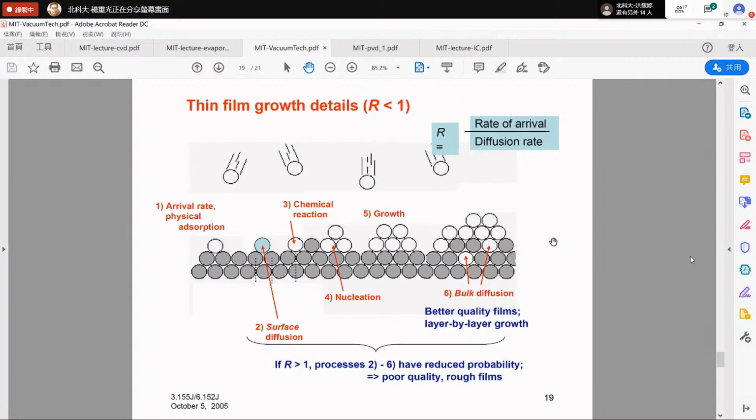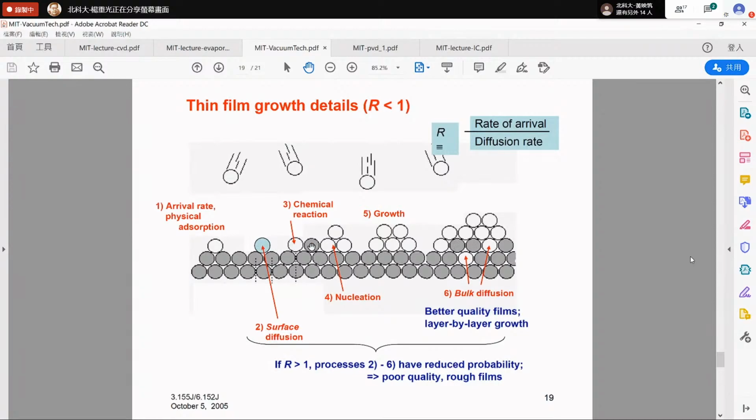So for thin film growth with R less than 1, you have a higher diffusion rate. So if you have a higher diffusion rate, let's see the mechanism. The arrival rate, and then physical adsorption, and then surface diffusion.